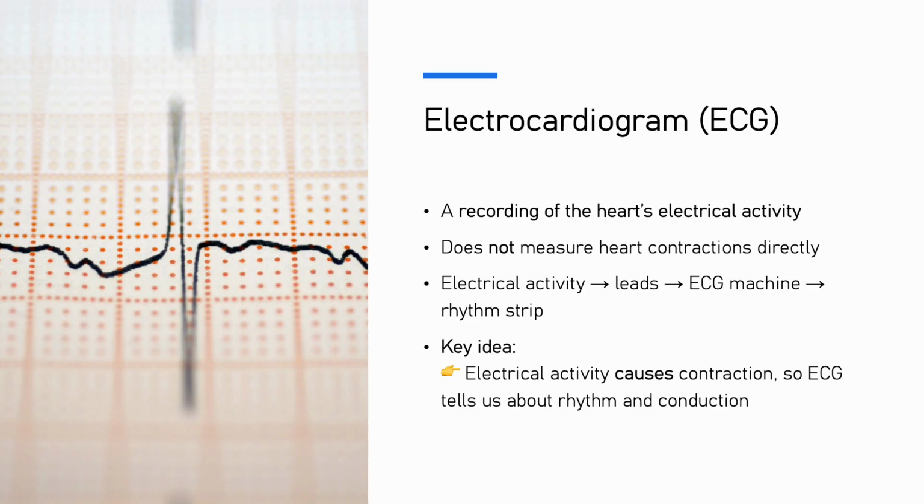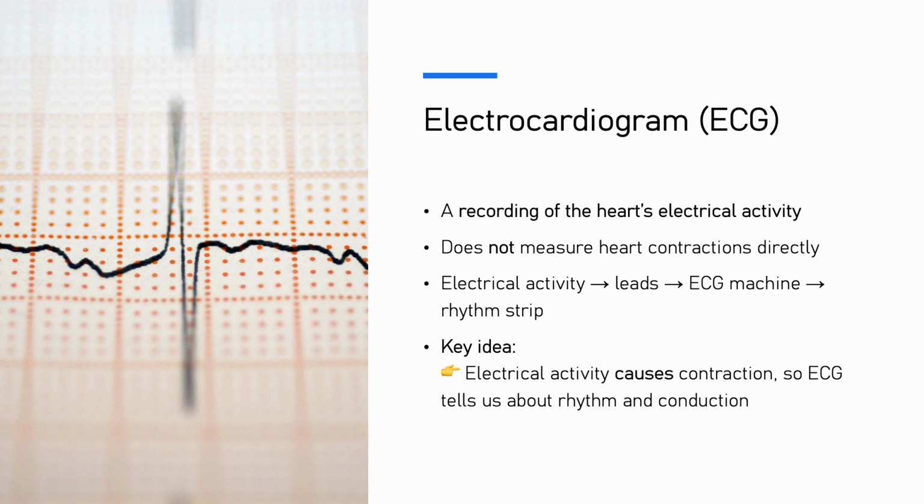ECGs record the heart's electrical activity. It does not measure heart contractions. However, they are represented in some of the electrical activity. The electrical activity is picked up by our electrodes or leads and taken to the ECG machine and converted to a rhythm strip.